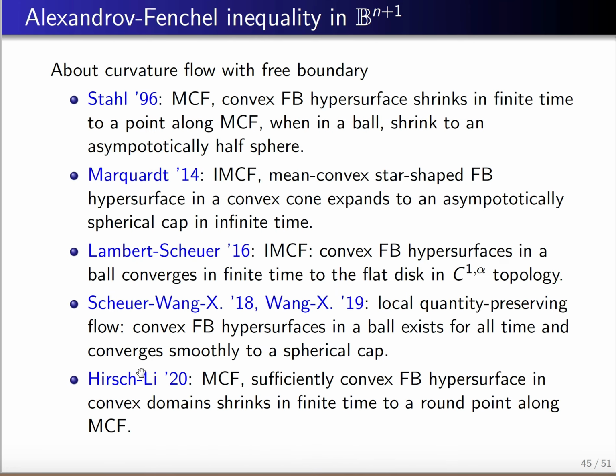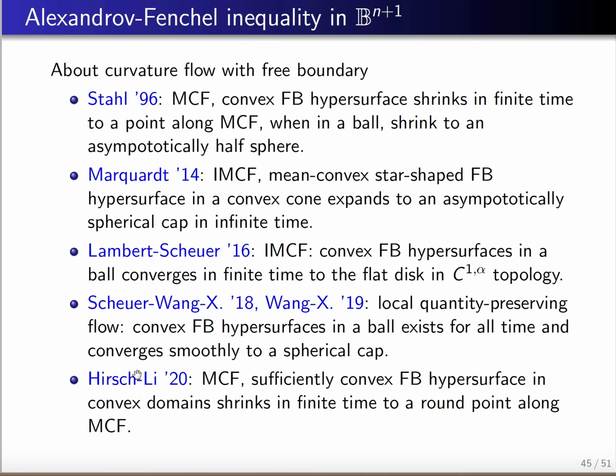Yeah, about curvature flow with free boundary, there are a few previous results. For example, I list here a few. By Stahl, for mean curvature flow, a convex free boundary hypersurface will shrink in finite time to a point along the mean curvature flow. When in a ball, it will shrink to an asymptotically half sphere.